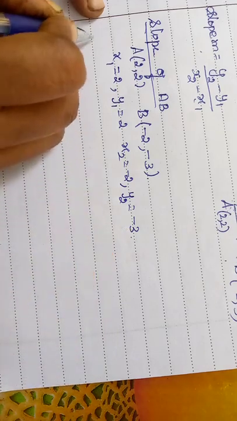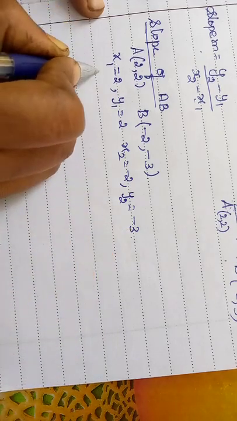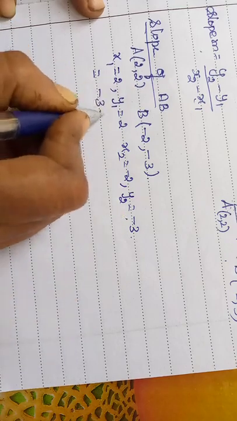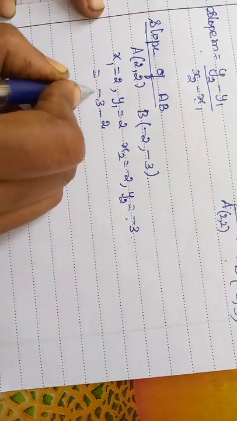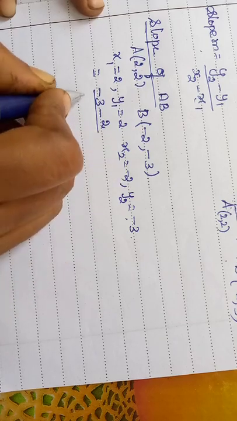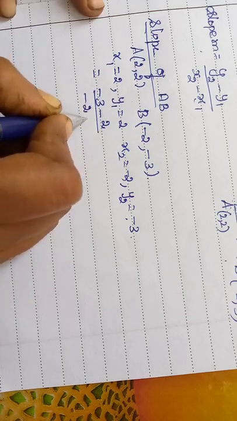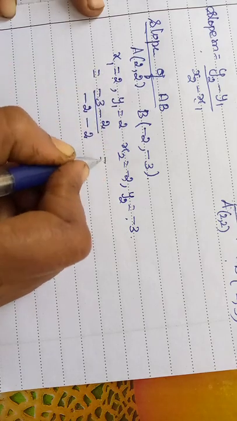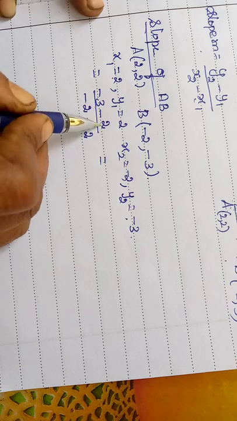So slope is equal to y2 minus y1, that is minus 3 minus 2, divided by x2 minus x1, that is minus 2 minus 2, which is equal to, here in the numerator both values are minus values.